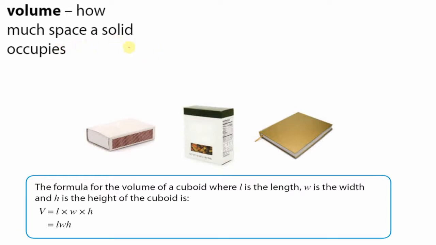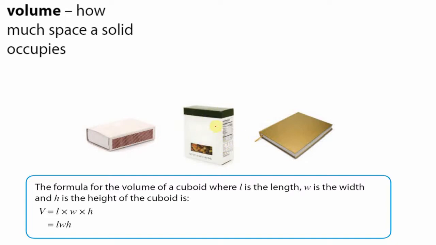It is how much space a solid occupies. Usually when I think of volume, I think of, if we focus on this container, how much it can contain. Basically, how much can we fill up this container.